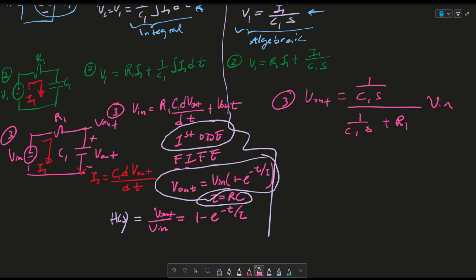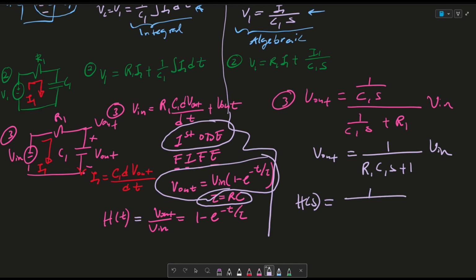Doing some deleting of denominators and combining terms, we get that V out is simply equal to 1 over R1 C1 s plus 1 times Vn. Actually, I made a mistake here. This should be the transfer function H of s. So the transfer function H of s is 1 over R1 C1 s plus 1. Again, this is V out over Vn.